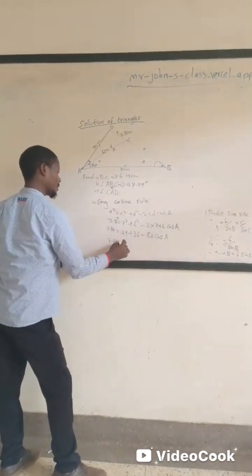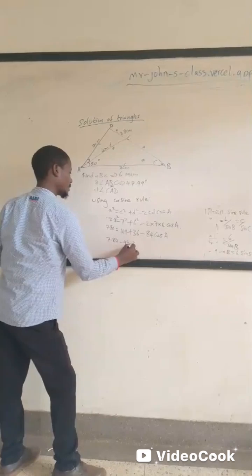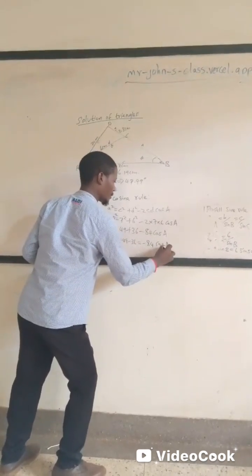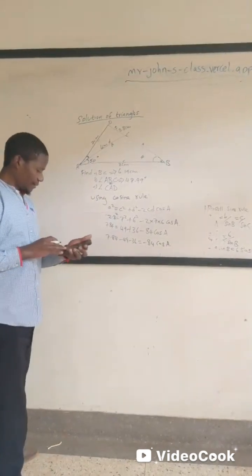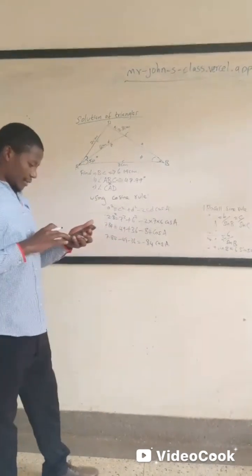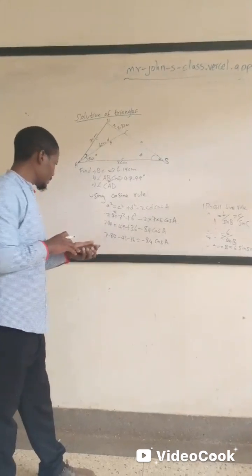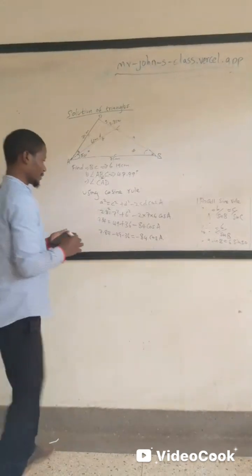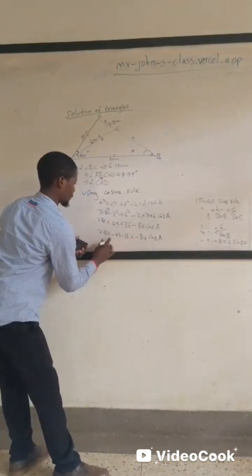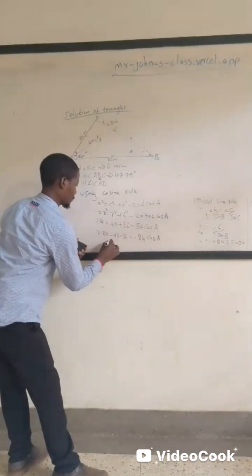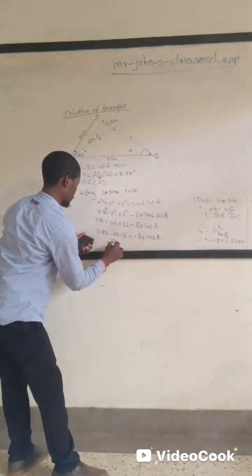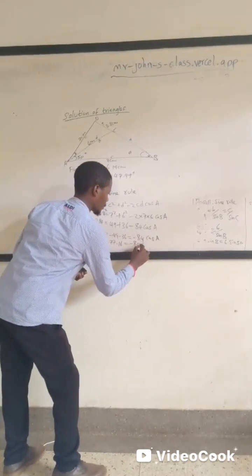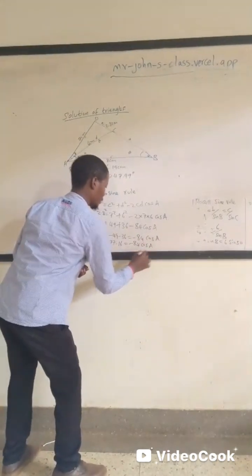Bring this one to the other side. We put the right terms together: 7.84 minus 100 should be equal to negative 84 cosine of A. So we get negative 77.16 should be the same as negative 84 cosine of A.